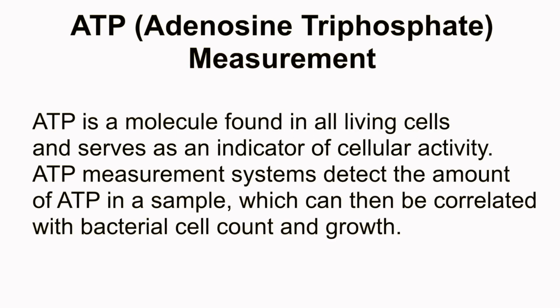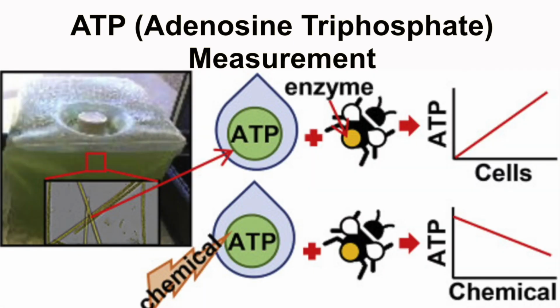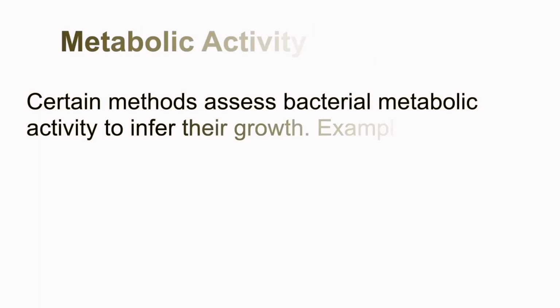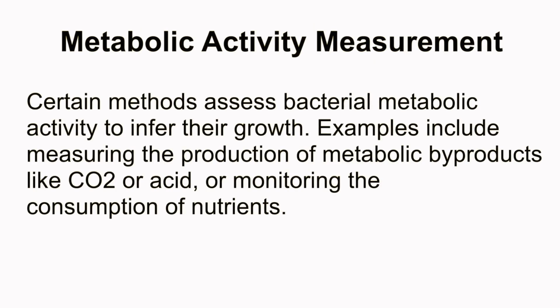ATP is a molecule found in all living cells and serves as an indicator of cellular activity. ATP measurement systems detect the amount of ATP in a sample, which can then be correlated with bacterial cell count and growth.